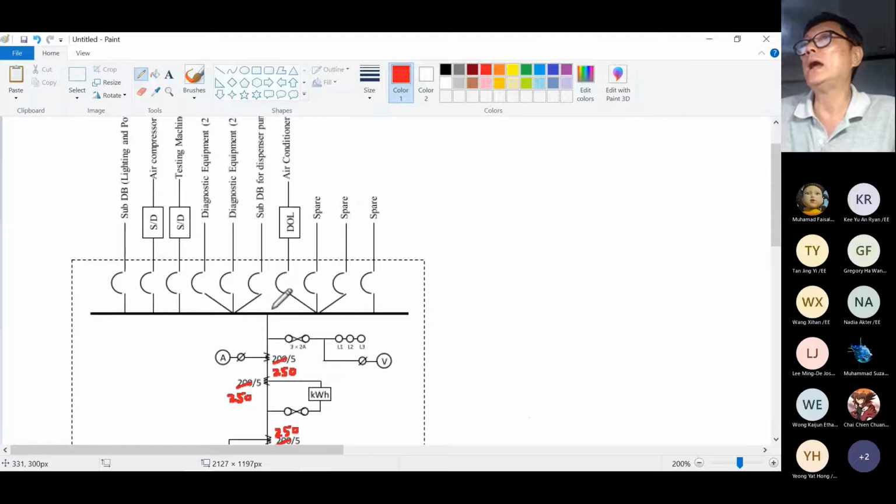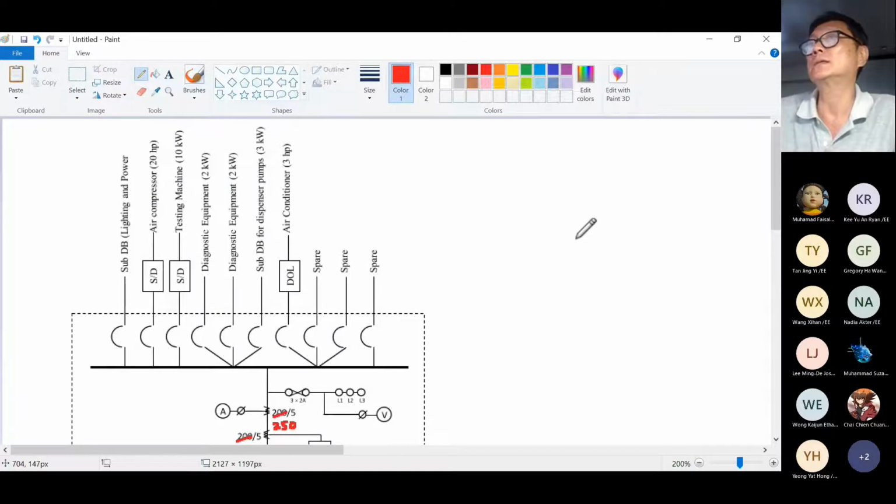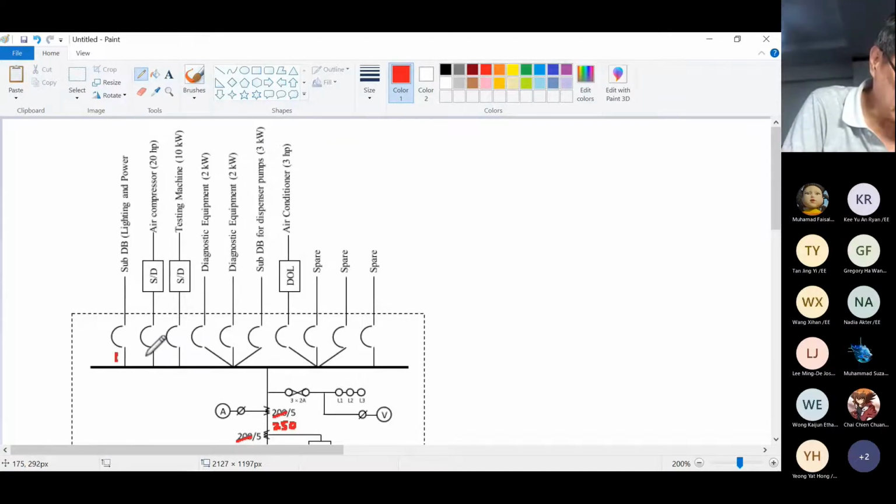Then outgoing, because we have 6 circuits, my drawing here must tally with the 6 circuits. So circuit number 1, I can label like that. Circuit number 2, number 3. Now I don't like this kind of drawing because this is the American way. So usually what I do is I change this to single line.